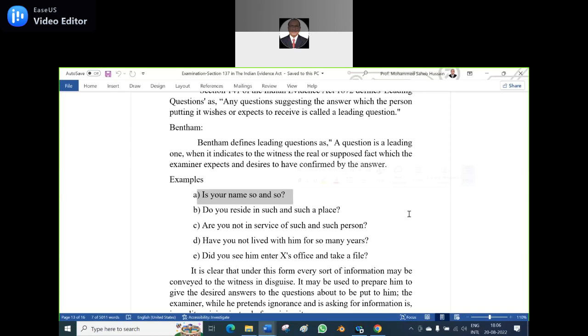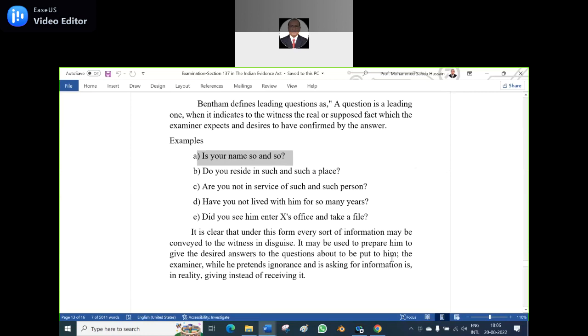The answer is either yes or no. Such questions are not supposed to be asked in the chief examination; they should mostly come in the cross-examination only.